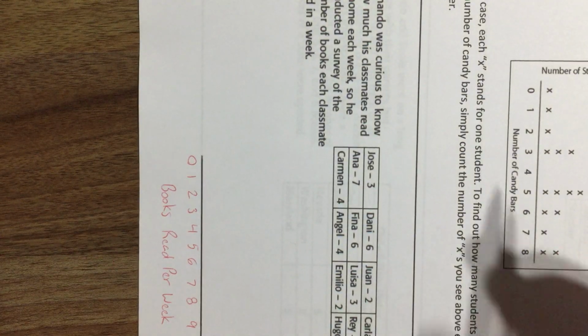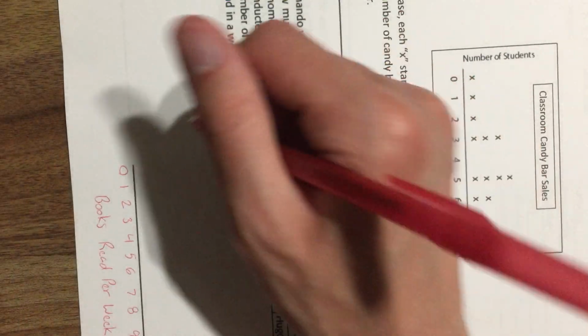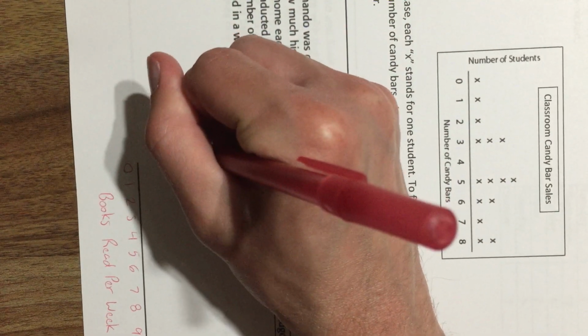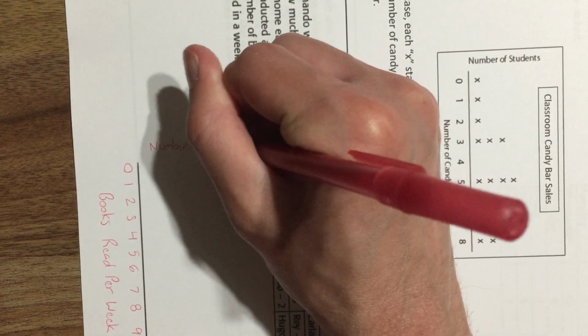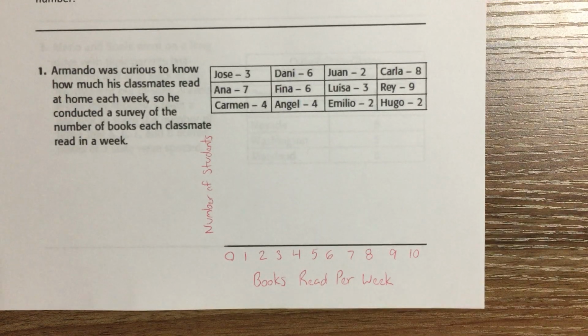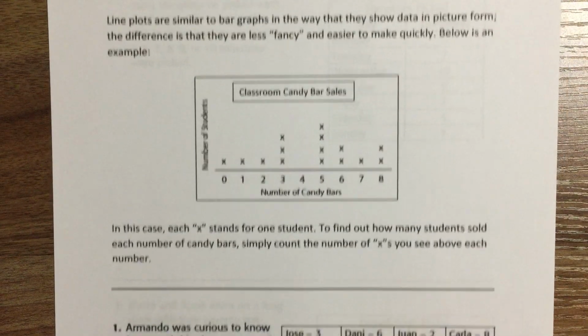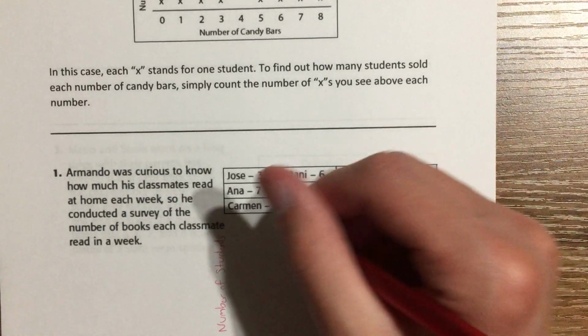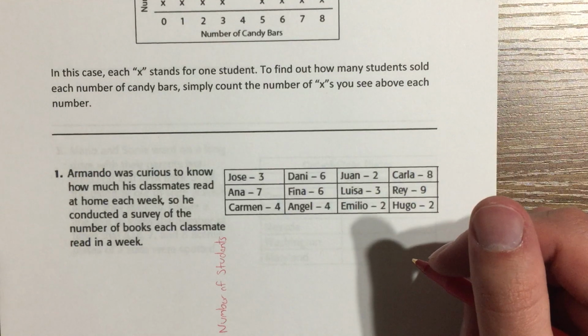And then up the side, just like we had up here, we are going to put number of students. Just like that. Our line plot is starting to look more like the one up here. Then we need a title as well.